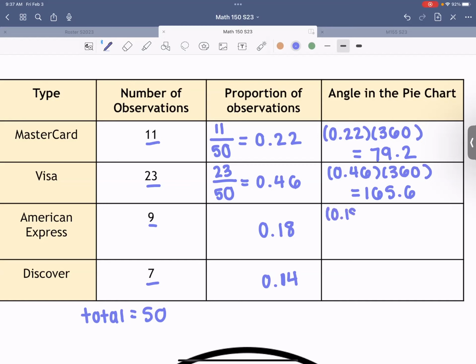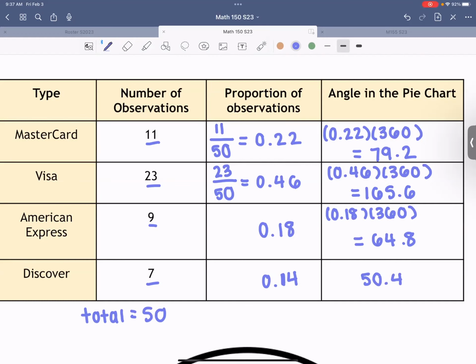Okay, times 360, and what number does that become? 64.8. 64.8, everyone agree with that? All right, and can someone tell me the number for Discover? 50.4. 50.4, perfect. So these are going to be the angles inside the pie chart.